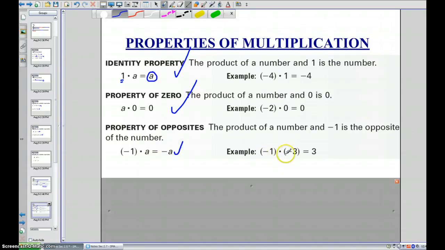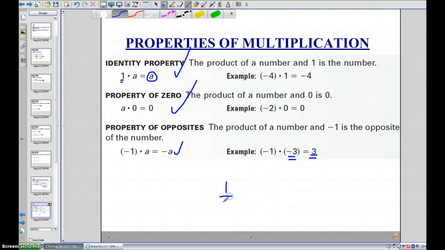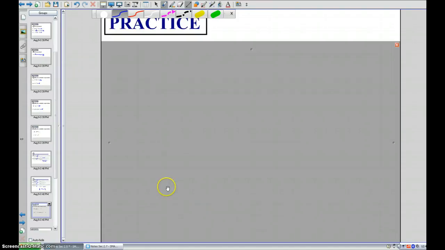So for here, negative 1 times negative 3, the opposite of negative 3 would actually be positive 3. So perfect. If I were to give you 1/2, well, negative 1 times 1/2 will actually give me the opposite of 1/2, which is negative 1/2. So that's what we mean by the property of the opposite.